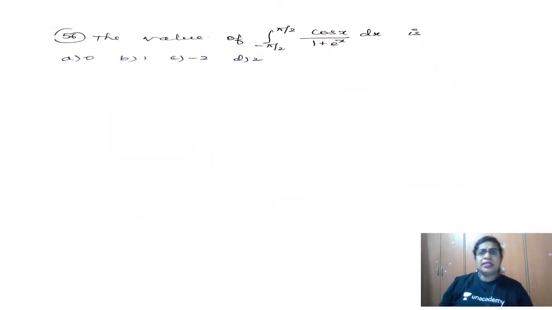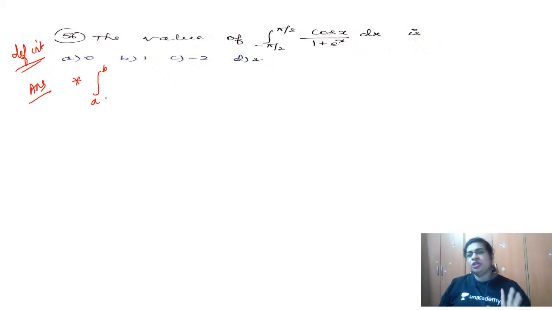Question 56. What is the value of the integral from minus pi by 2 to pi by 2? Once again, a definite integral question: minus pi by 2 to pi by 2 of cos x by (1 plus e power x) dx. I have a property here. Just understand it; this explanation looks a little lengthy, but it is easy.